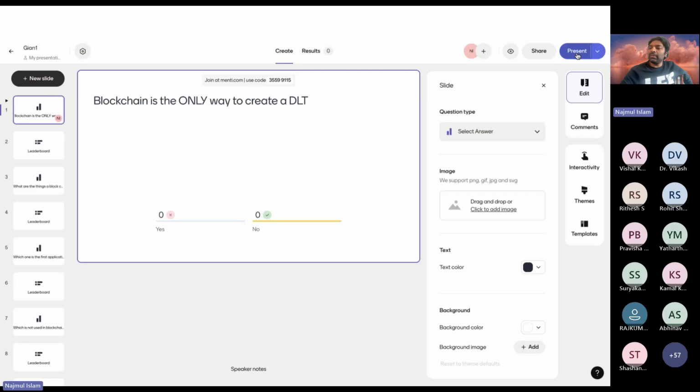I put the website address, and then just go to that website and put the code that I have given. Yes, now people are joining. Okay, I should have put the website address beforehand. Very good.